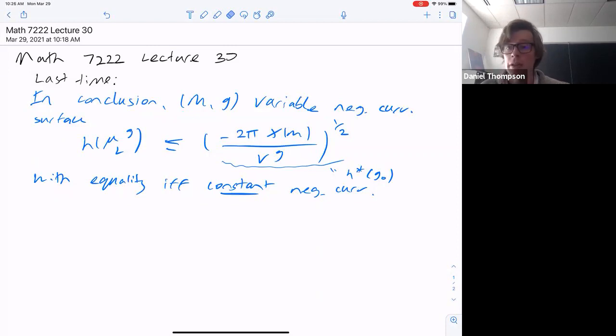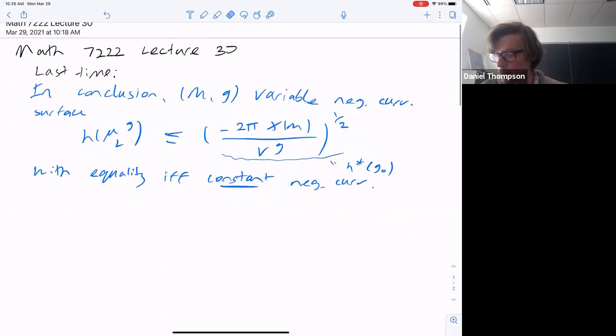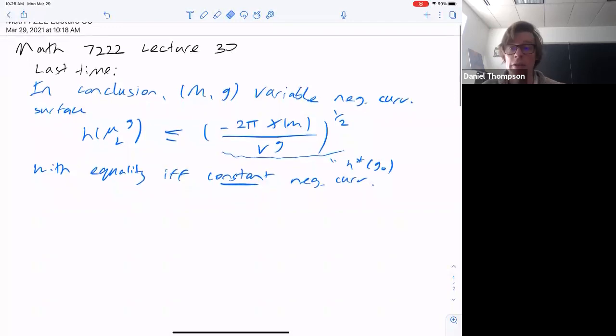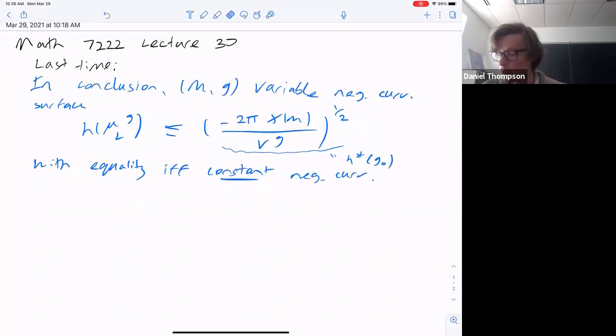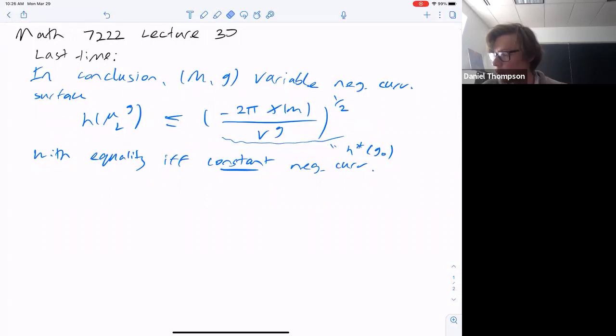And the Liouville entropy, the measure theoretic entropy with respect to the natural volume type measure, is maximized at the constant negative curvature metric, and you only get equality at the constant negative curvature metric. So this entropy can tell if you're constant negative curvature or not.